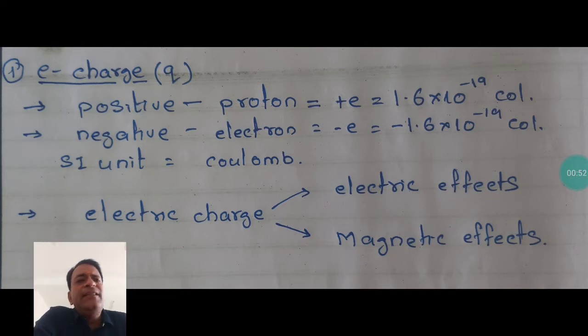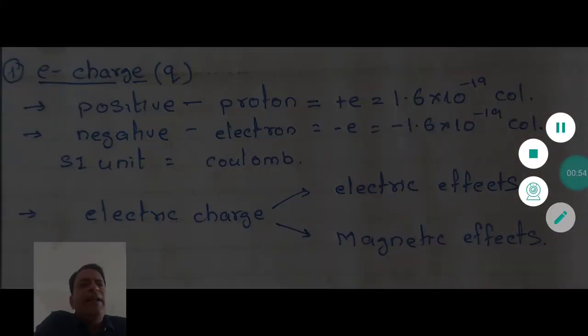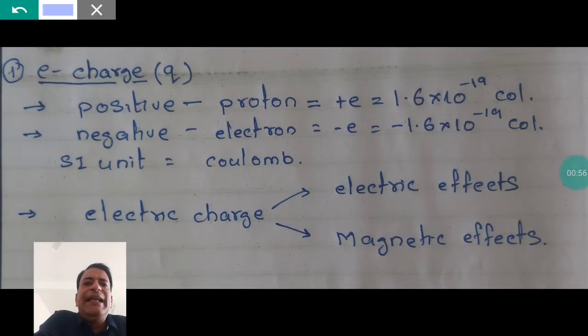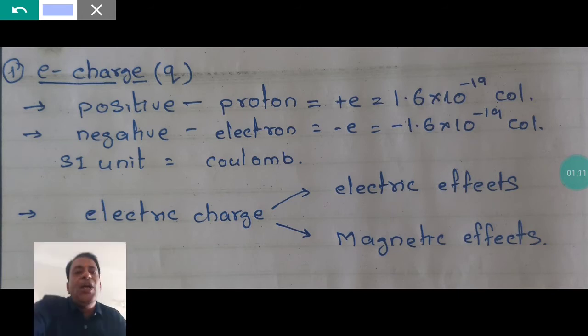First of all, what is this thing called electric charge? How do you define electric charge? In this world, all the electrical phenomena and all the magnetic phenomena exist because of this particular property of particles, which is known as electric charge.